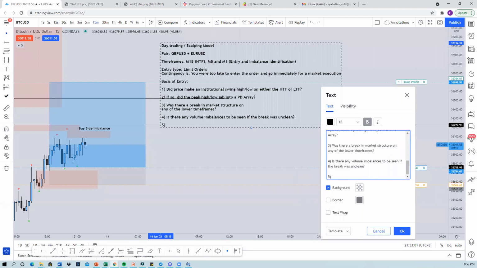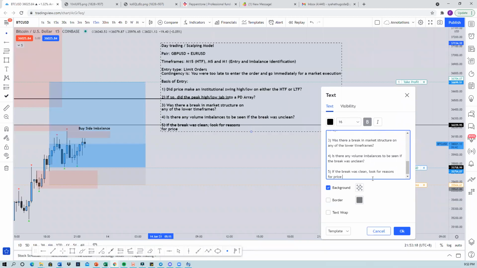Is there any volume imbalance to be seen if the break was unclean, right? Then finally, if the break was clean, look for reasons for price not to go back deeper into the range.